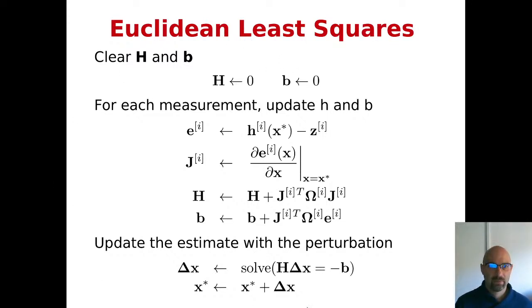We have our standard Euclidean least squares. The process starts by clearing H and B, our two matrices, and then for each measurement we calculate the error and the Jacobian.